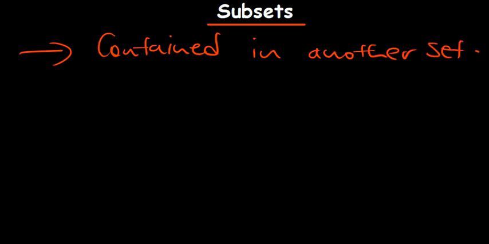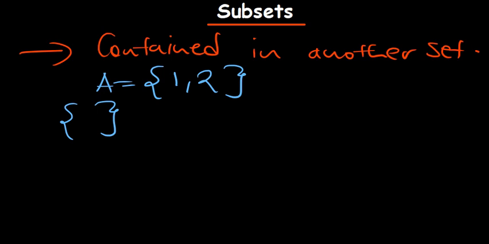So if you're going to start with the smallest set we can have, consisting of members 1 and 2, what are the possible sets we can come up with that are contained in A? An empty set is also a subset. 1 is a subset, and then 2 is a subset.